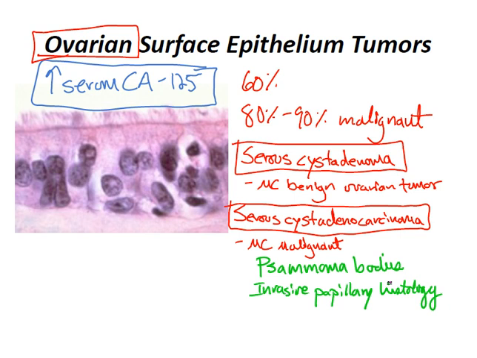Alright, so now let's talk about mucinous tumors, which is cystadenoma and cystadenocarcinoma. These are unilateral.